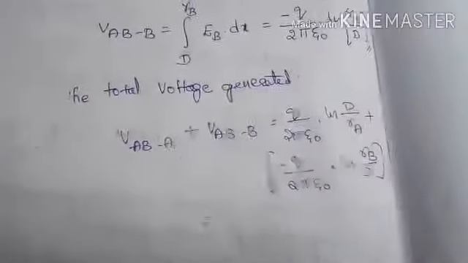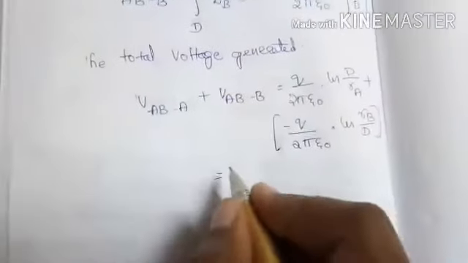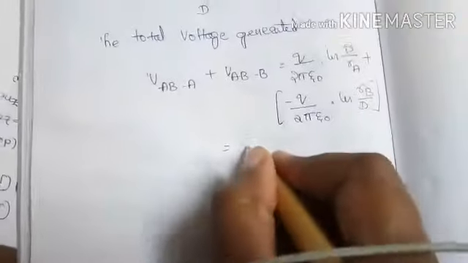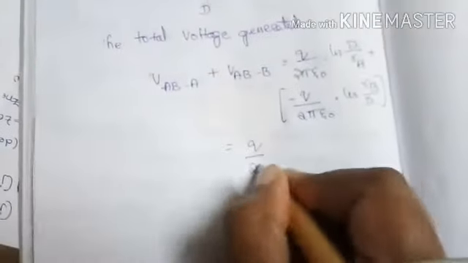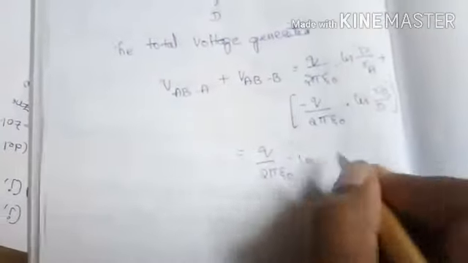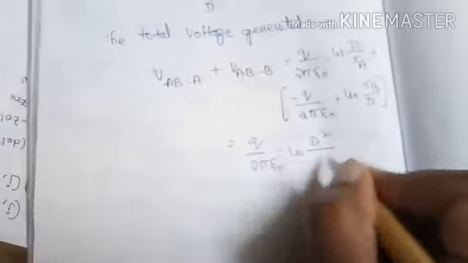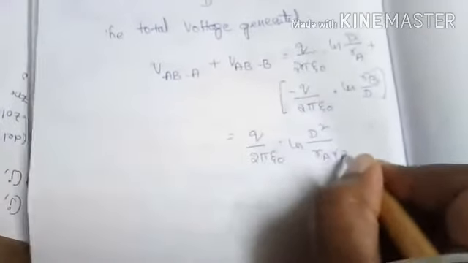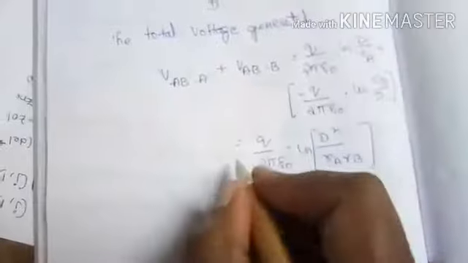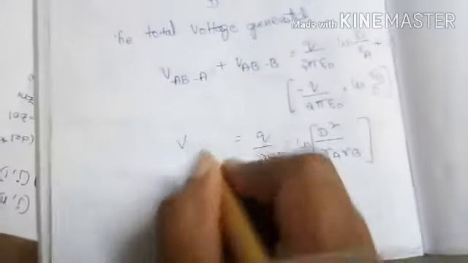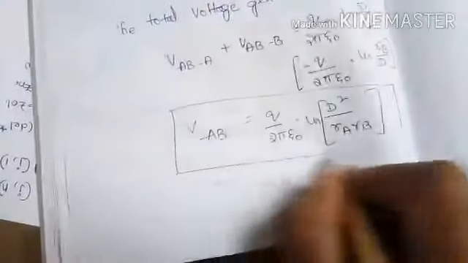Now after simplification we will get... so this is the total voltage VAB.